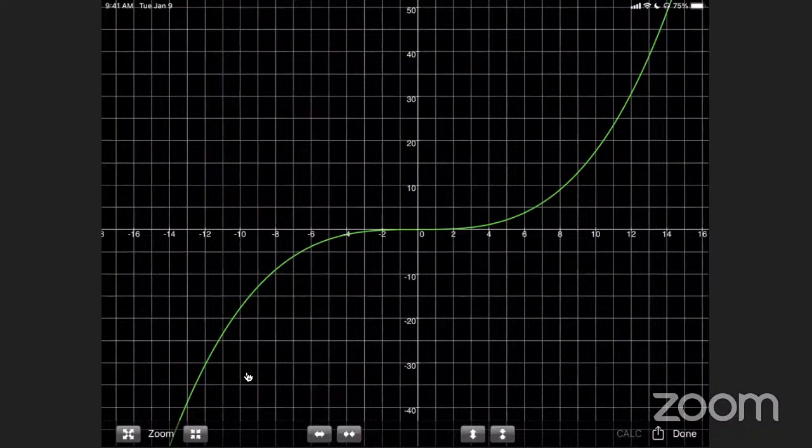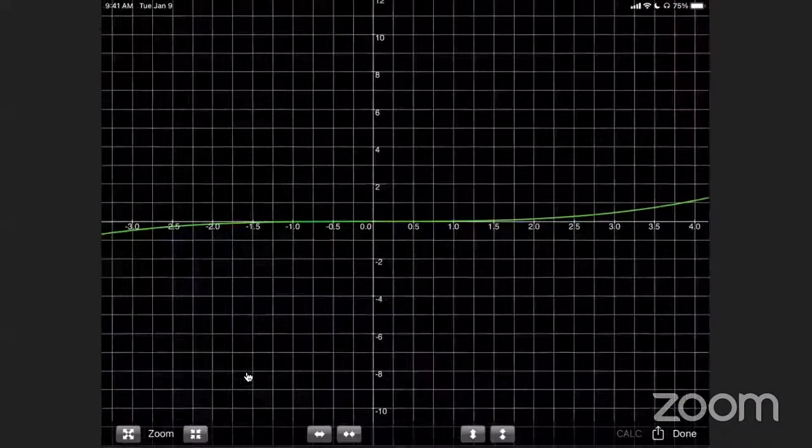I'm doing this on my phone. Pi divided by 6 is a little over a half, roughly 0.52.